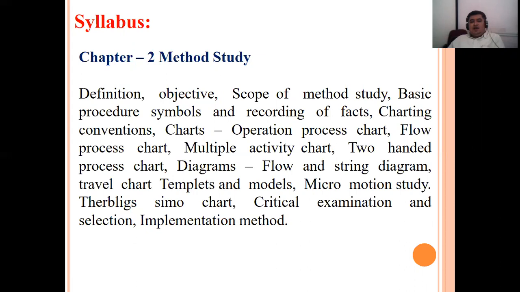Symbols, recording of facts, how things are recorded, charting conventions, operation process chart, flow process chart, multiple activity chart, two-handed chart. We are going to study how these different charts are used in an organization or industry to increase productivity. Then diagrams, flow and string diagram, travel chart, template, models, micro motion study, therbligs, SIMO chart, critical examination and selection, implementation of the method.